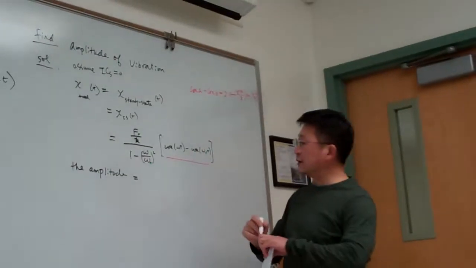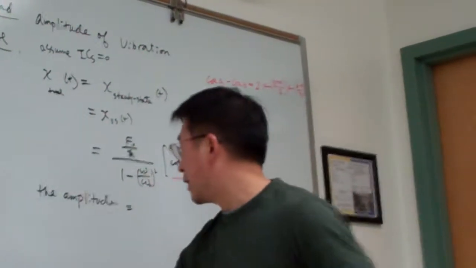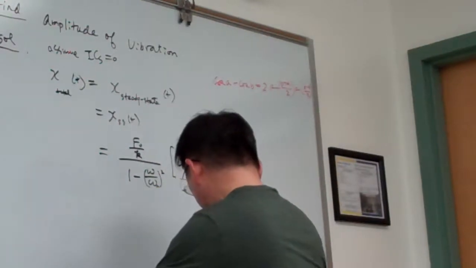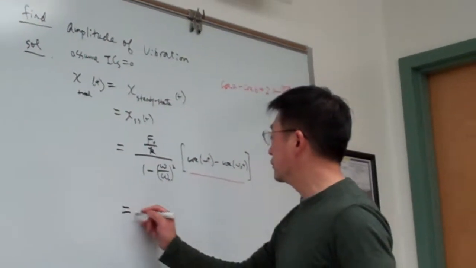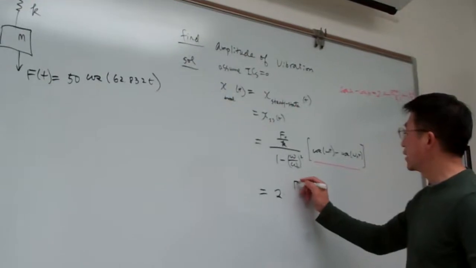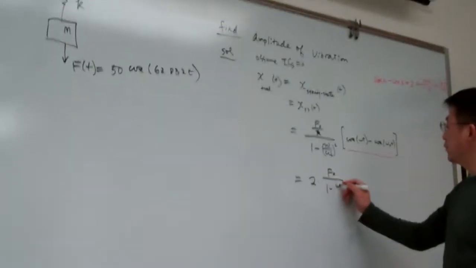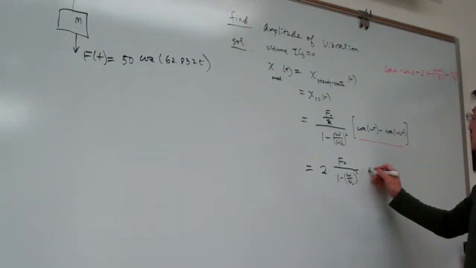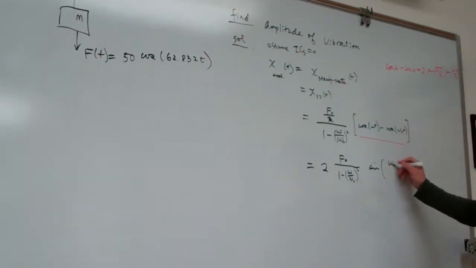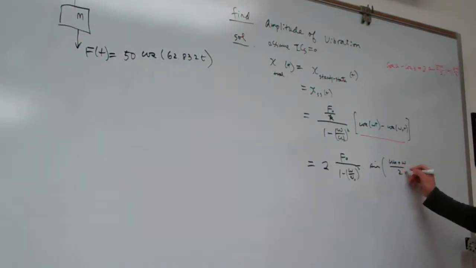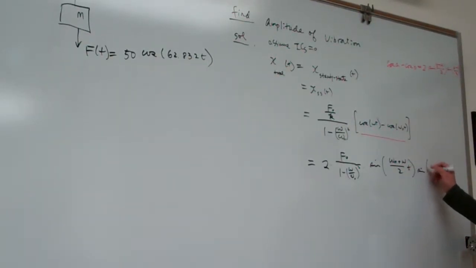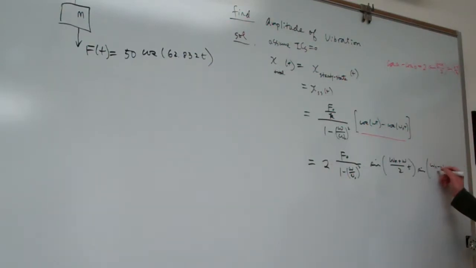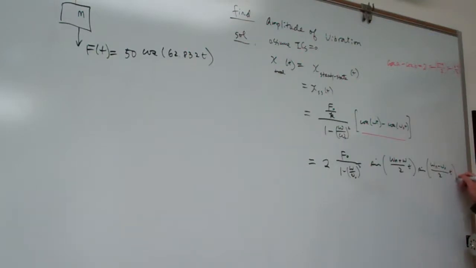So from here, before I plug in the amplitude, this term should be equal to 2 f0 over (1 minus omega n squared) times sine ((omega n plus omega)/2 t) times sine ((omega n minus omega)/2 t).